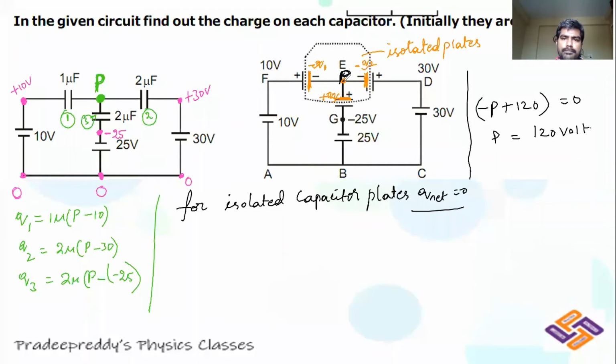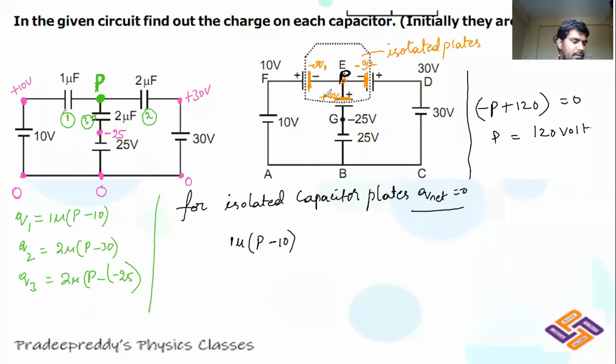So therefore, I'll write this equation as charge over here. Charge over here will be Q1, that is C into, what is the C? 1 microfarad into potential difference, it is P minus 10. That is Q, the charge across this capacitor.